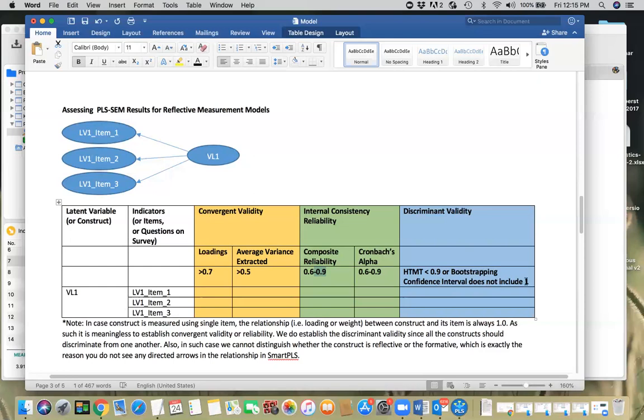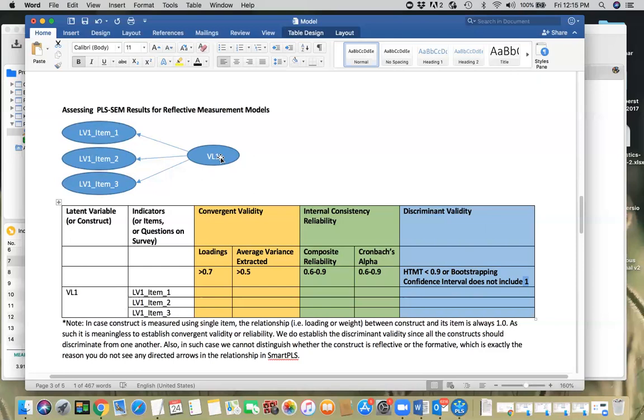Okay, that's something we have to keep in mind. So again, PLS-SEM is a non-parametric test. That's why we run bootstrapping here to get our significant p-values. That's something you have to keep in mind. And if HTMT is more than 0.9, that means constructs are not discriminating well. You're not going to have just one construct, right? You're going to have many constructs.